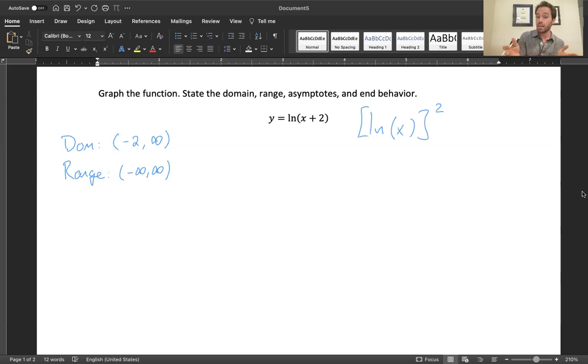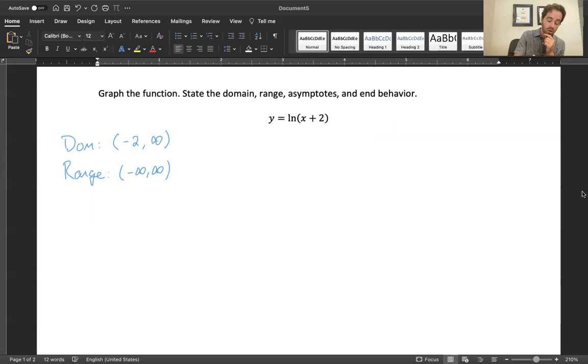That couldn't be negative. So this would be a really strange thing that happens. But that's so weird that we're not going to run into that in our class or really realistically at all. So just don't worry about it. Usually the range is going to be -infinity to infinity unless something really weird happens.